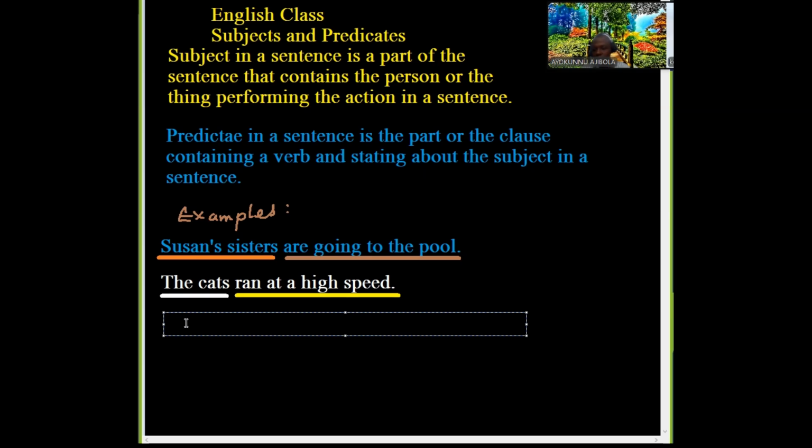Yes, you want to ask a question? Yes. So the subject will be like the noun in the sentence. Yes, but not always only all the nouns. And then the predicate will be like the verb that is introduced, what is happening.